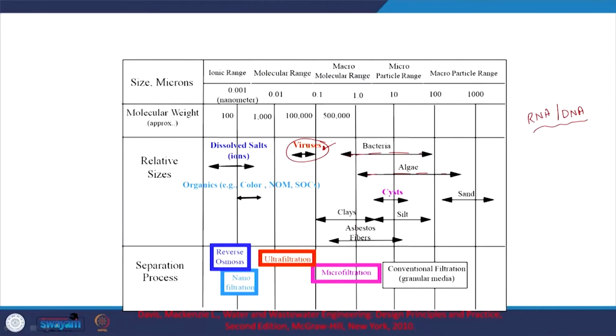So humans can be hosts, you have different other hosts, and once they get into a host, they more or less use the host's metabolic process to replicate. These are layman's terms obviously, but we have different viruses. But typically with conventional filtration, as you see, we can look at removal of most of the bacteria or a considerable section of bacteria and eukaryotes, but not the viruses.